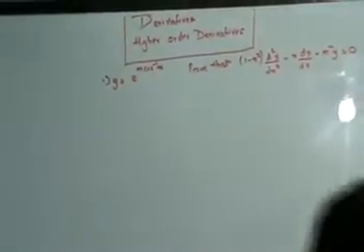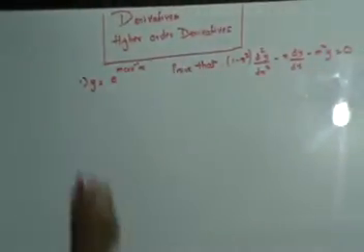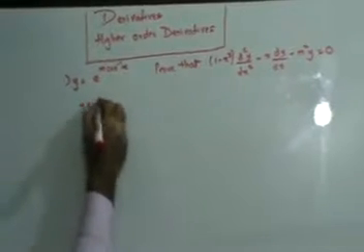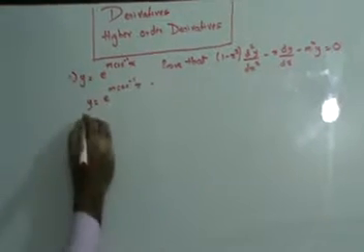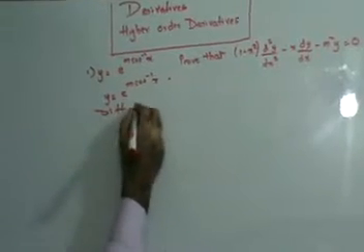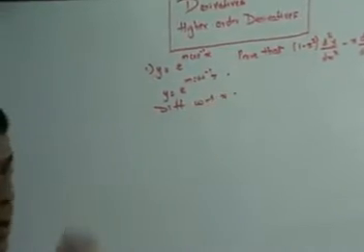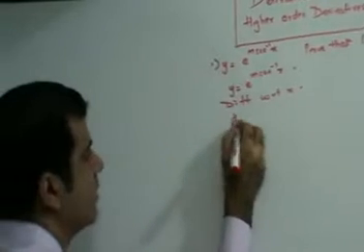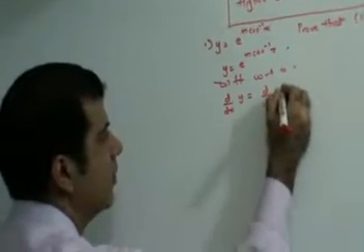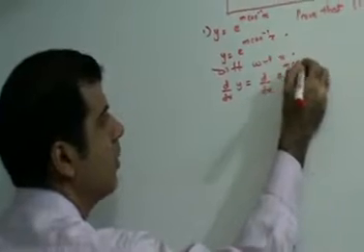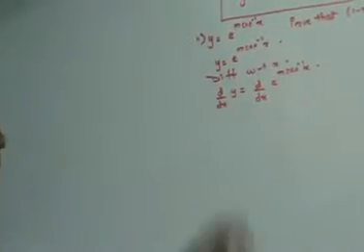Right? Let's see this. Now, the given sum is y is equal to e raised to m cos inverse of x. Differentiate with respect to x. If I differentiate with respect to x, this will be d by dx of y is d by dx of e raised to m cos inverse of x, right?